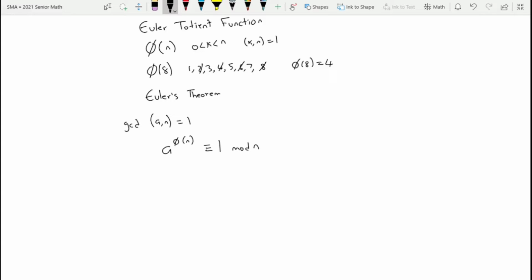So as far as the GCD of a and n is 1, that is, a and n don't share any common prime factor.